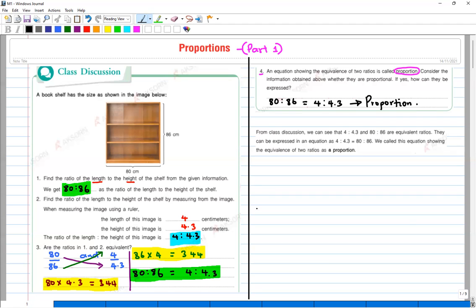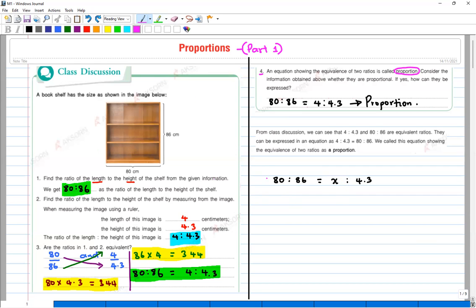For example, if we know that 80 to 86 is equal to, let's say, x to 4.3, we can use this equation to find the missing value. I hope you get that.